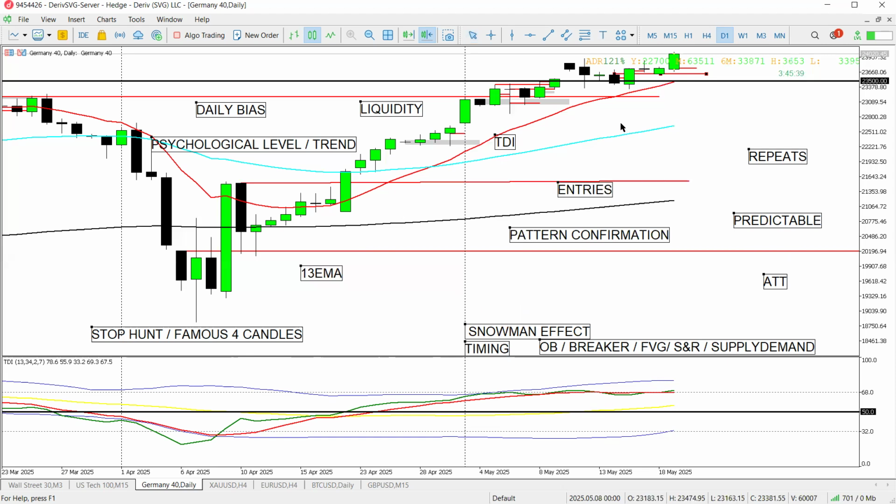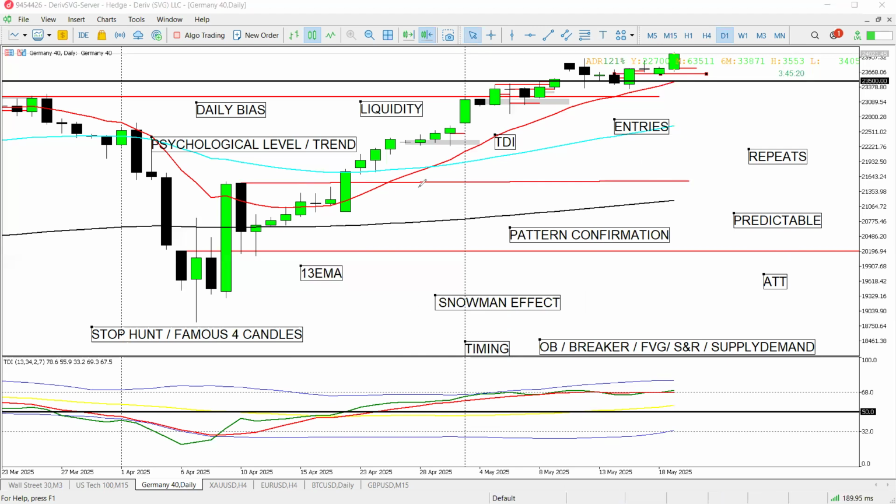As soon as I confirm my trade, the next thing I want to do is enter my trade, which brings us to the snowman effect, which is basically our risk to reward. I will explain it on the actual setup, but whatever you're risking, the reward has to be bigger than what you're risking.